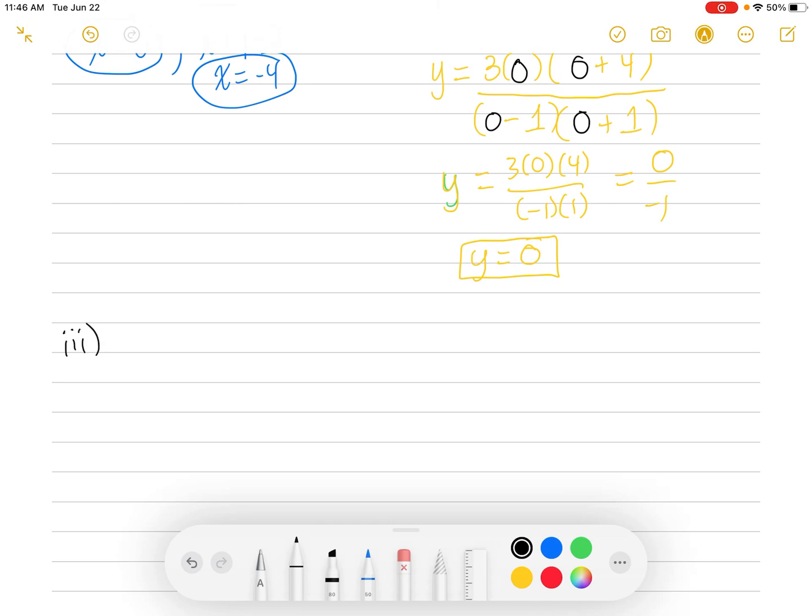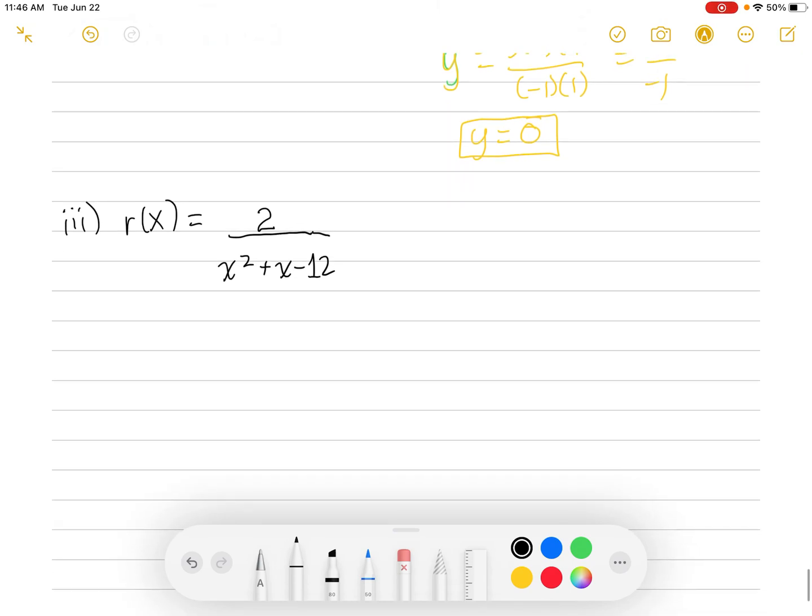What else do we have? R of x equals 2 on top, and on bottom we're going to have x squared plus x minus 12. So notice that the top doesn't have any variables in it, but the bottom does, so we can factor the bottom.